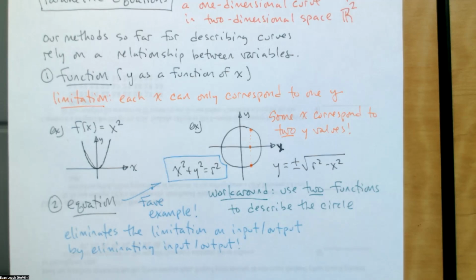Also, if I try to write x as a function of y, I would need two functions, one for the right semicircle, one for the left semicircle. But as long as we're aware of what we're dealing with, we can generally work around that. And if we need functions, we could probably get functions.